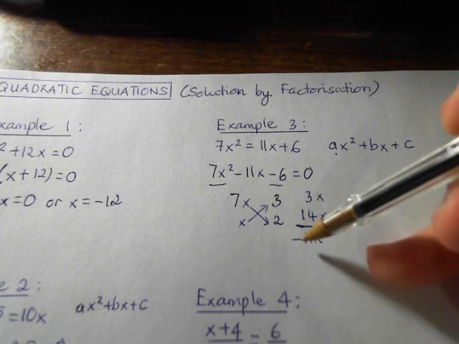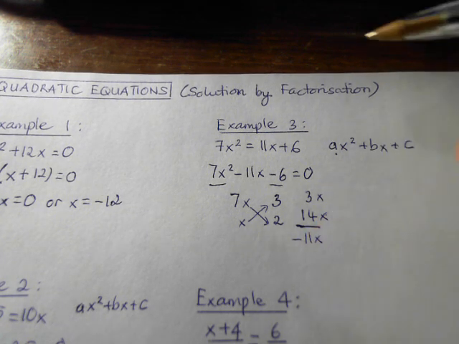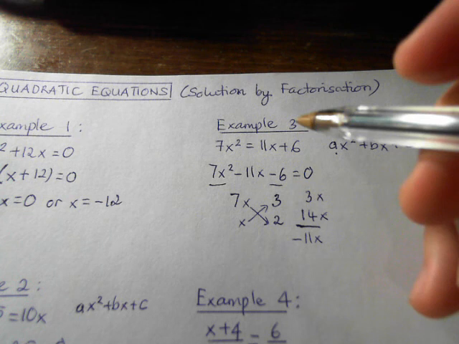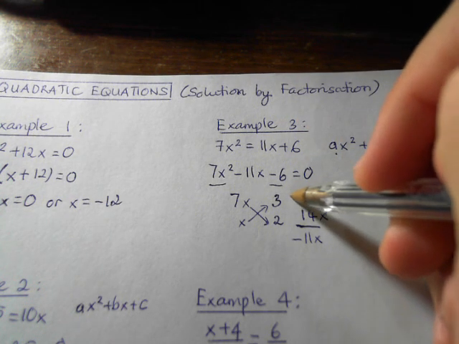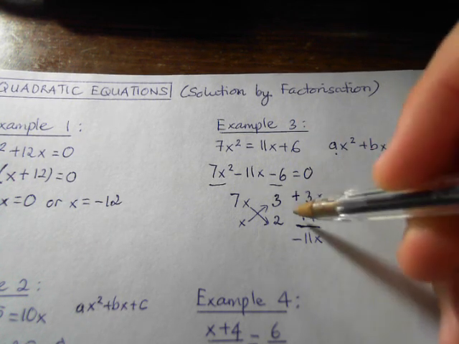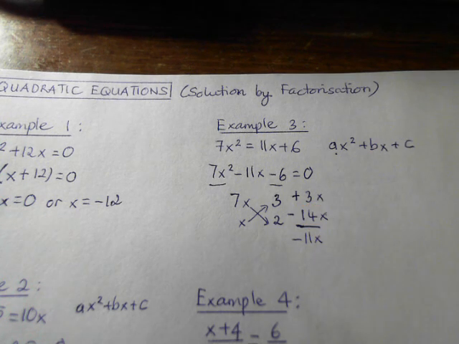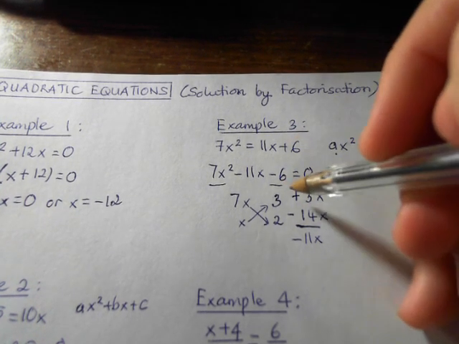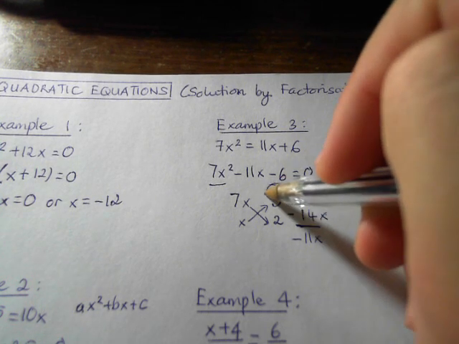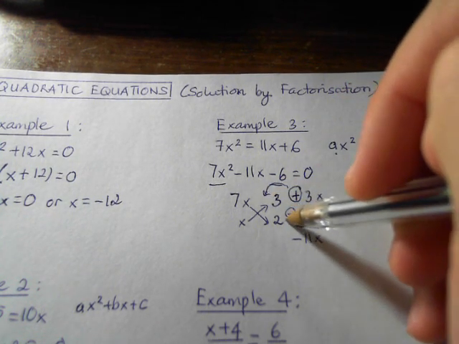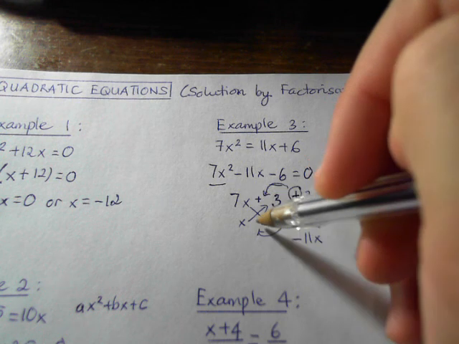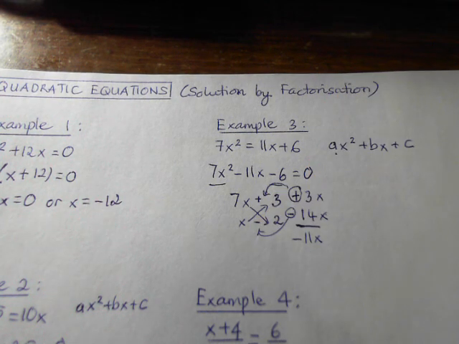It should be plus 3x, minus 14x, because plus 3 minus 14 will give you minus 11. And once we have done so, just transfer the signs to the front. This will be positive and this will be minus.